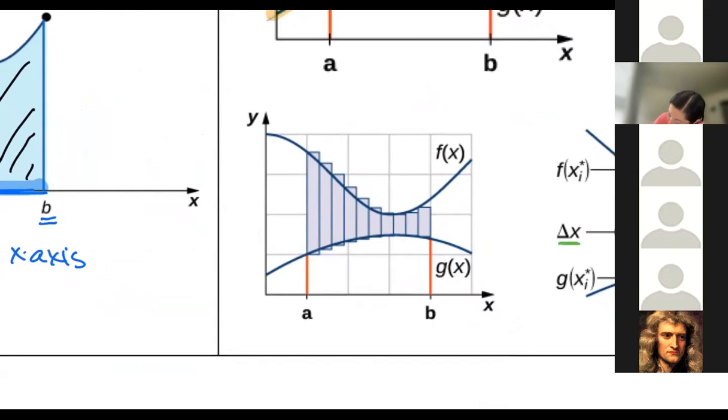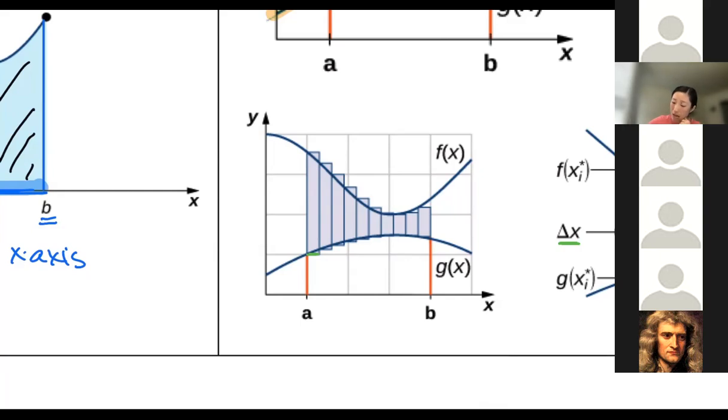It is really the width of every single rectangle that we have. And so when we're thinking about this notation, it's really important that we include that dx, because that tells us that we're going to have an infinite number of rectangles. And in fact, the rectangles are all going to be infinitely thin.